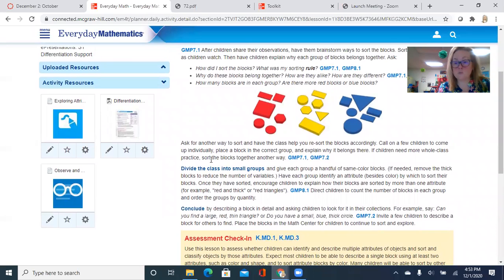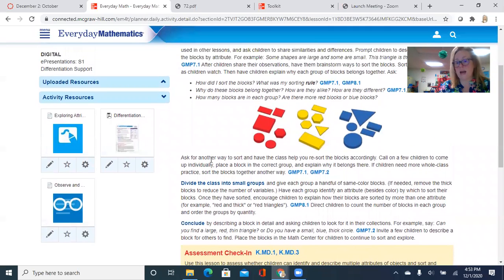We're going to answer some questions. The first question is going to be, how did I sort these blocks? And what is my sorting rule? Now, remember when we say sorting rule, that is the rule that you choose to sort them by. So, for example, you can sort by shape, you can sort by color, you can sort by size, you can sort by type.